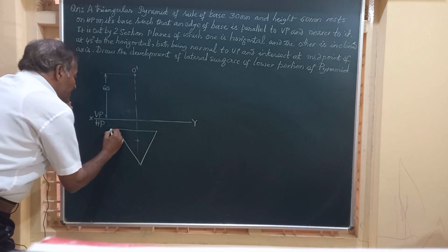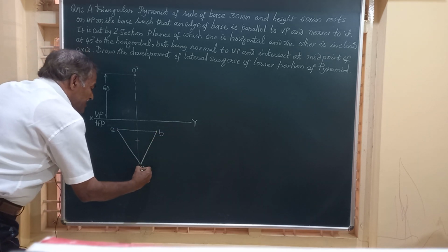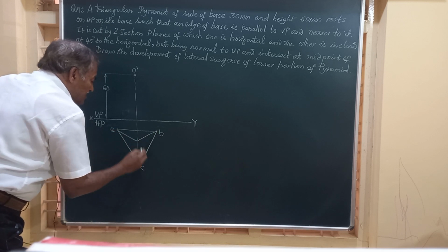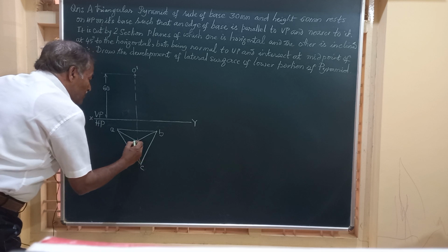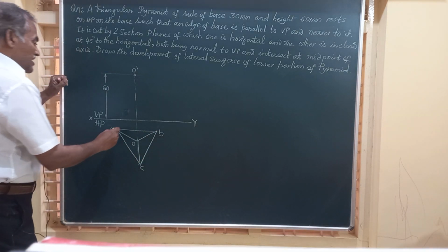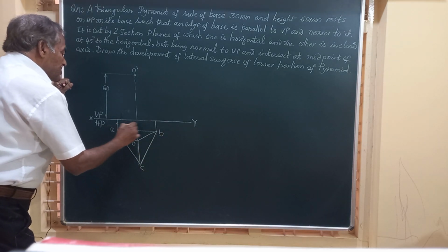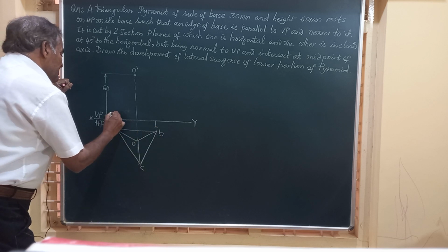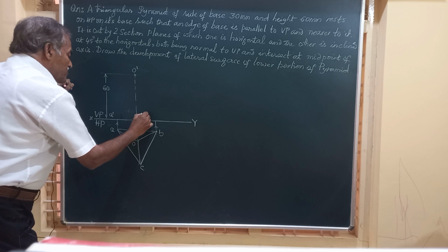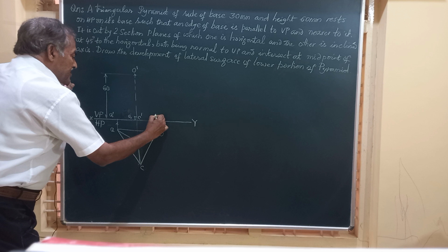We will name this as ABC. This is A, this is B, and this is C. And these are the slant edges OA, OB, and OC. Here we will project these points and obtain on XY the points A dash, this is C dash, also O1 dash is here, and this point is B dash.